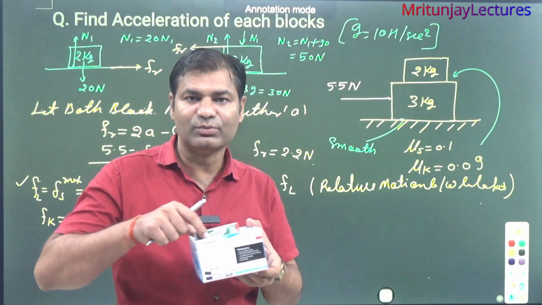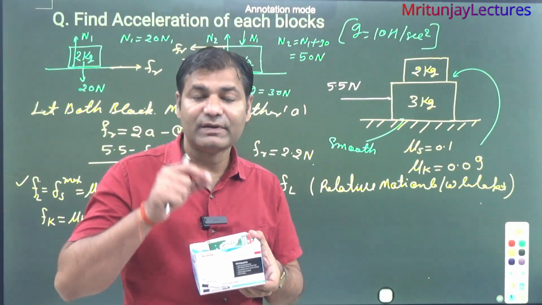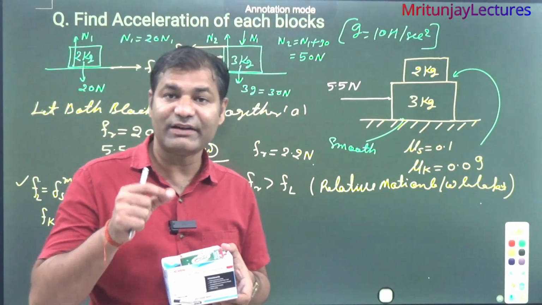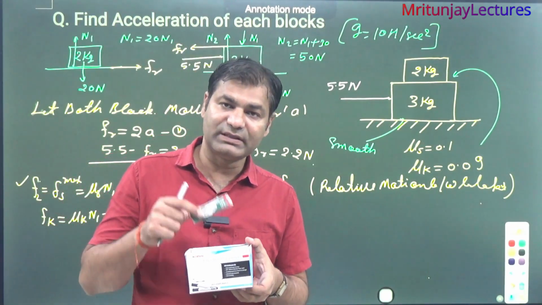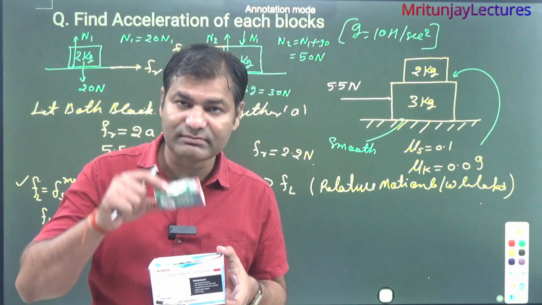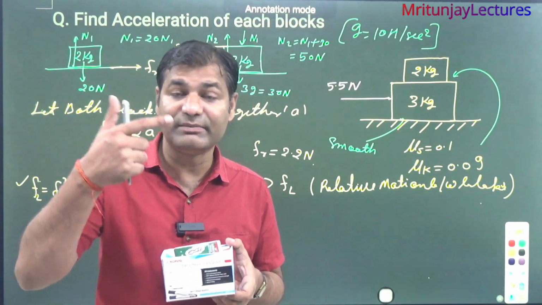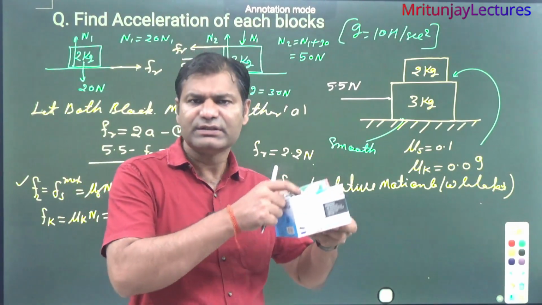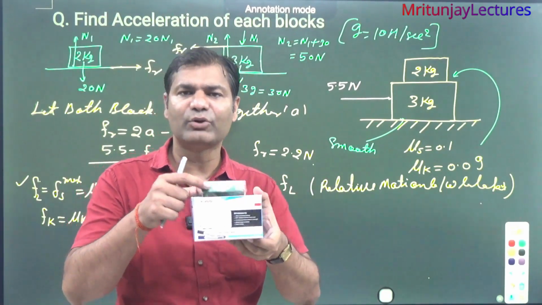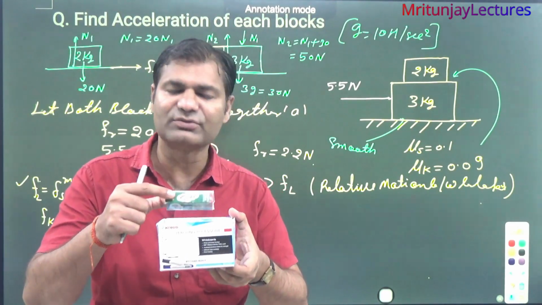This one is moving. If limiting friction is greater than Fr, suppose the requirement is 5 but the limiting static friction given is 10, then both move in the same direction, always no relative motion between these two.